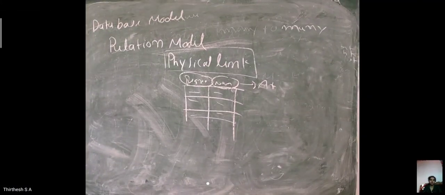Each row represents the entity and a column represents the attribute of that entity. The relationship between two tables is implemented through the column attribute.